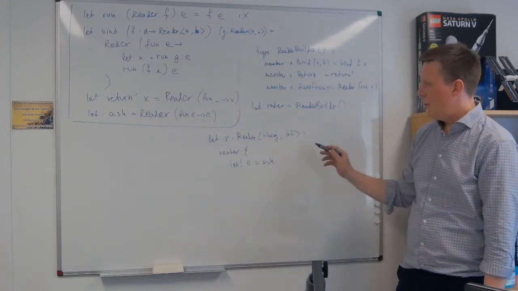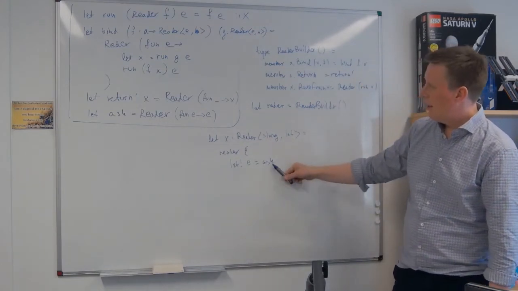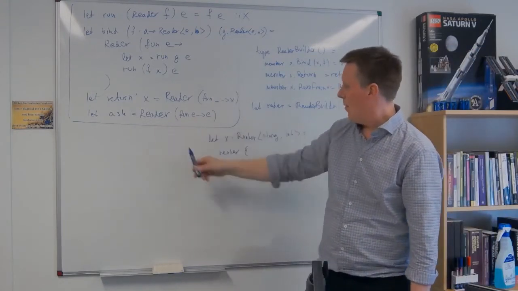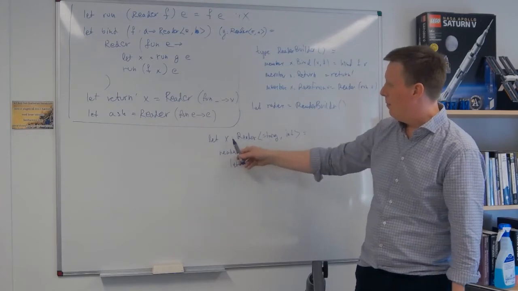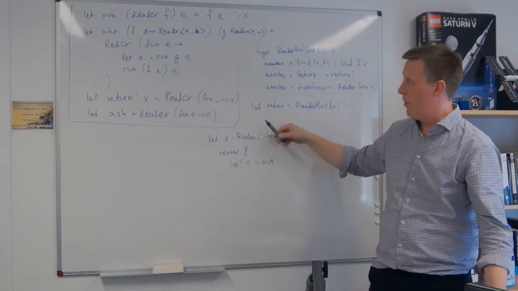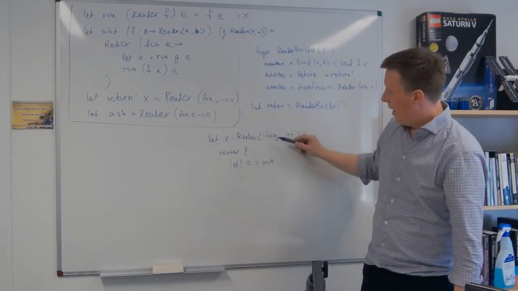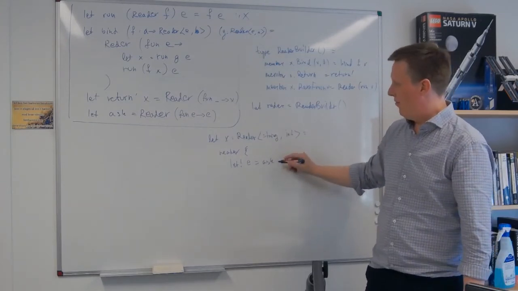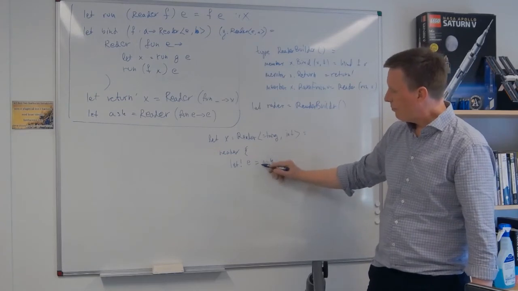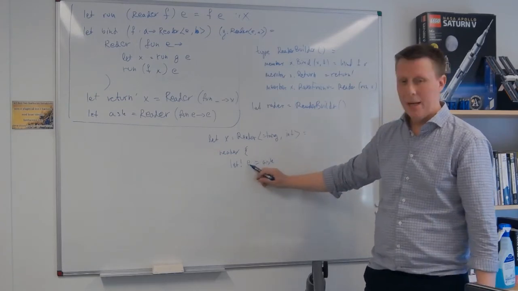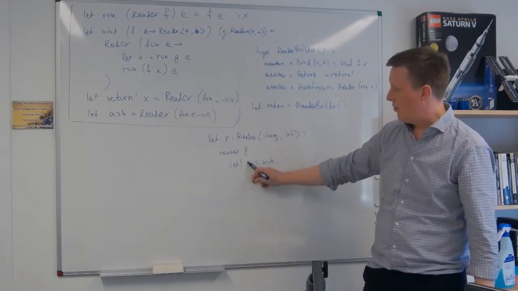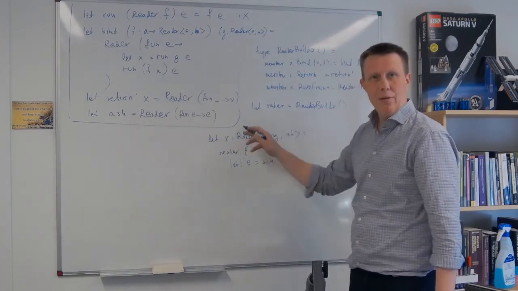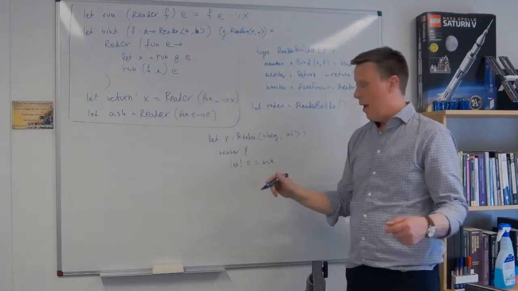So what happens here? Ask is this guy. There will be an implicit environment when we run this thing, and ask will extract that in the background from this function, and we can bind it to a value. So now I have access to the environment that was given when this reader is run.